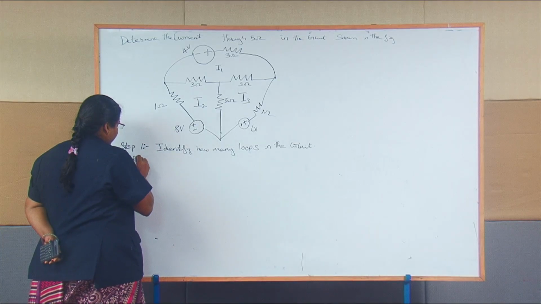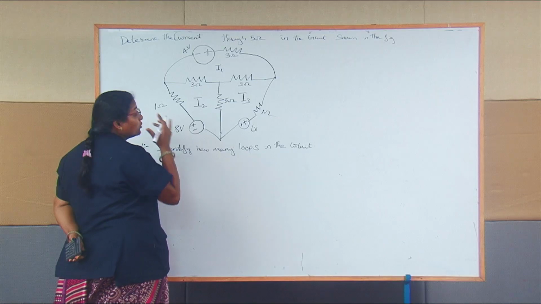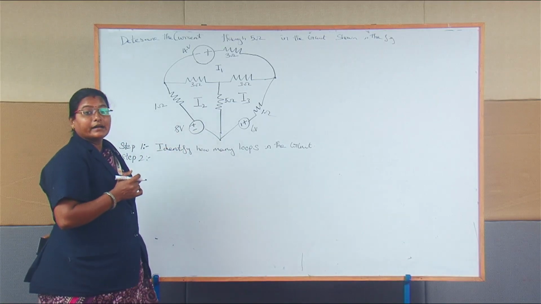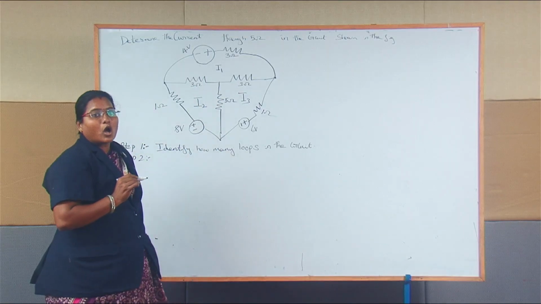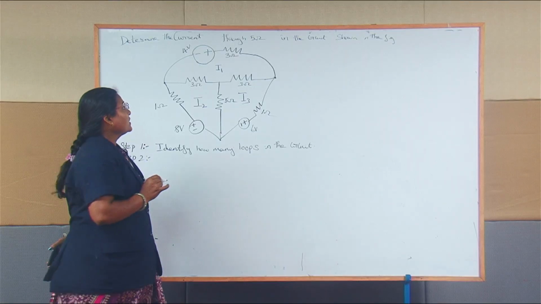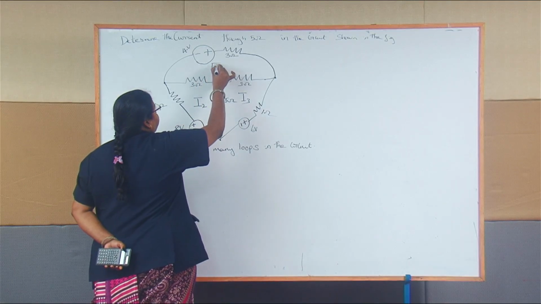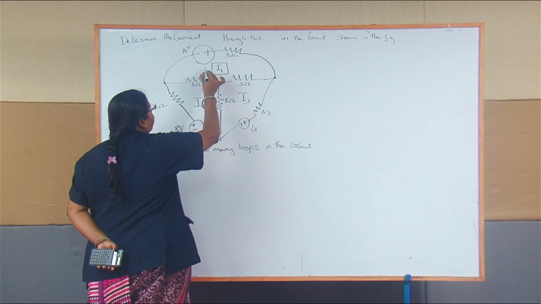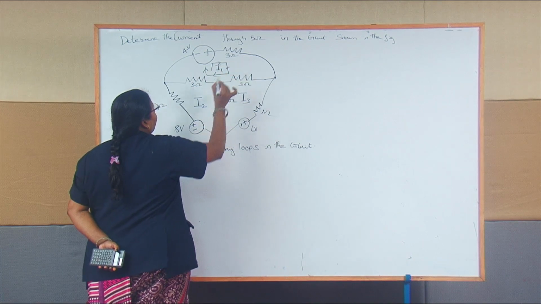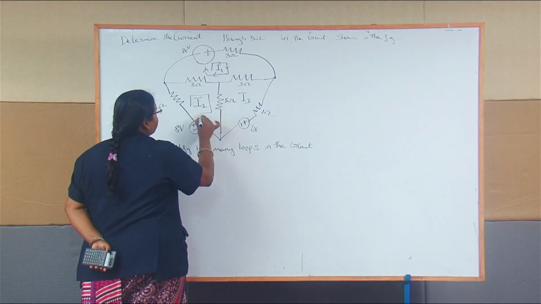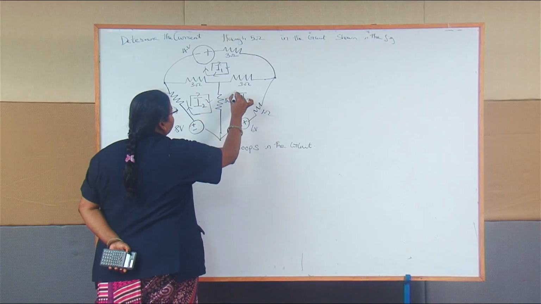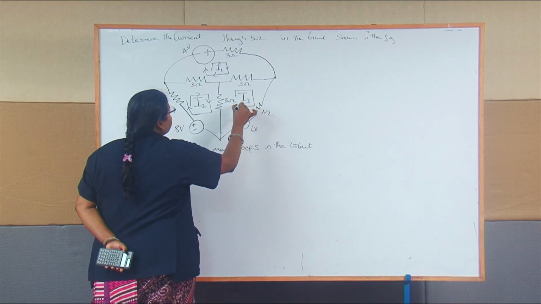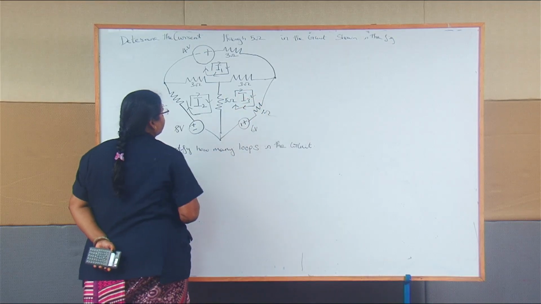Step 2, you have to assign the current direction. So I am going to assign clockwise direction only. I am going to assign clockwise direction: this is I1, this is I2, this is I3.